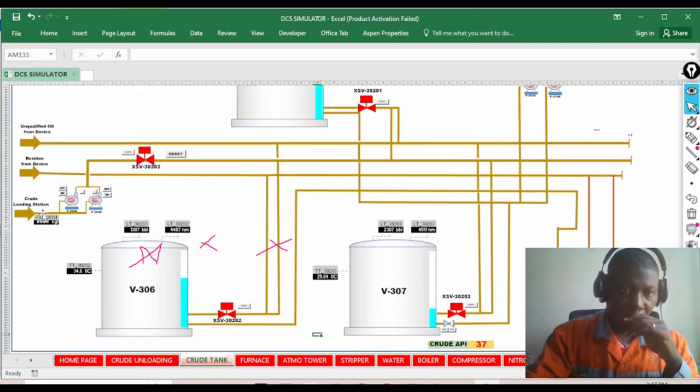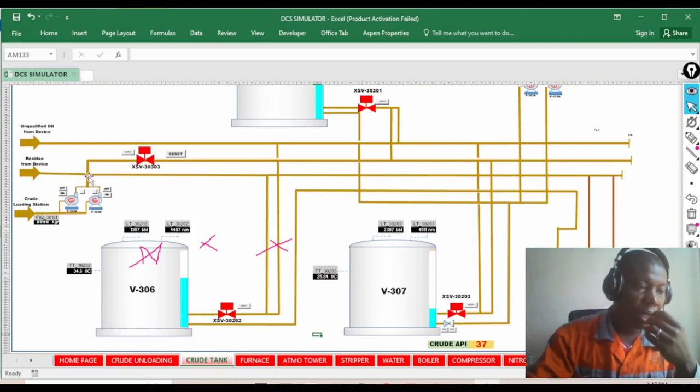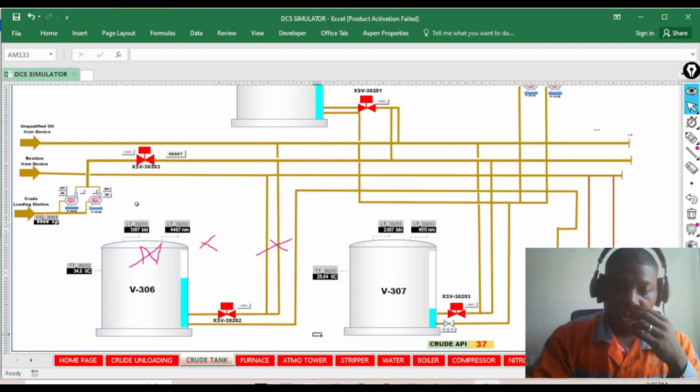So here we're going to have a suction valve, and then we're going to have a discharge valve. Then at the suction we have a strainer and all the rest. Then at the discharge we have a check valve, a pressure gauge and so on.